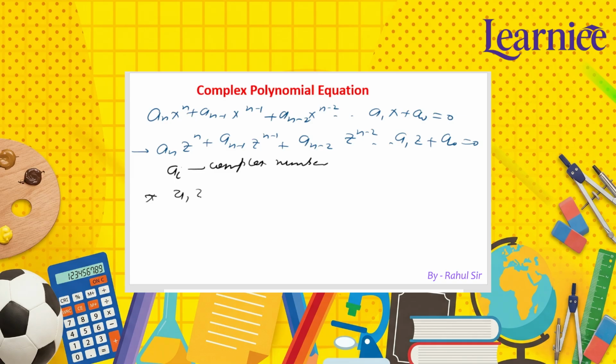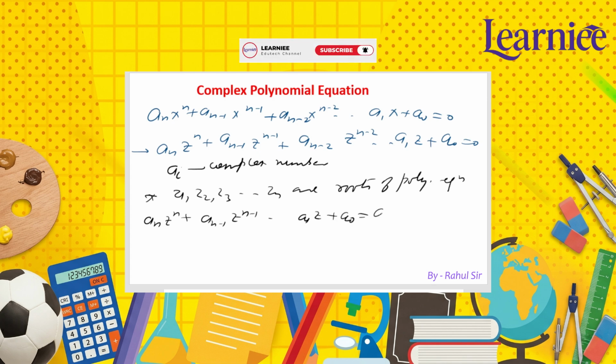Let's say z1, z2, z3 up to zn are the roots of the polynomial equation. Then we can write a_n z^n + a_{n-1} z^{n-1} up to a_1 z + a_0 as a_n (z - z1)(z - z2) up to (z - zn), where z1, z2, z3 are the roots of this complex polynomial.